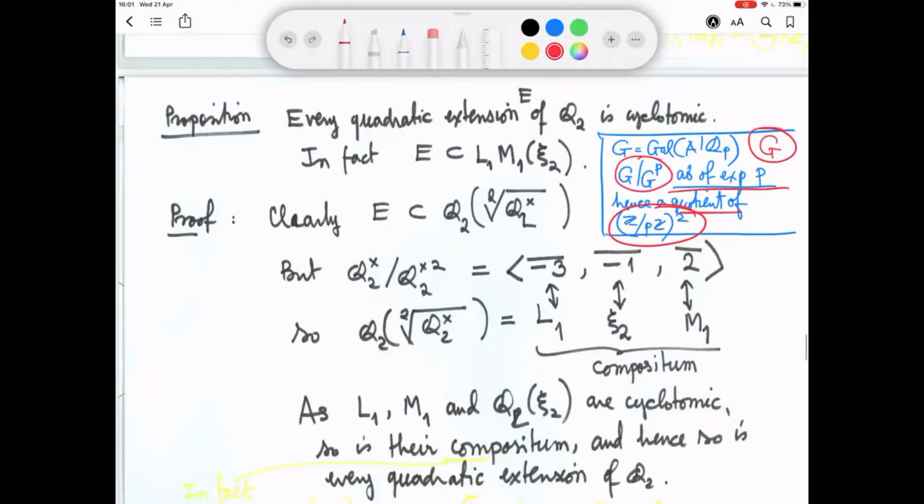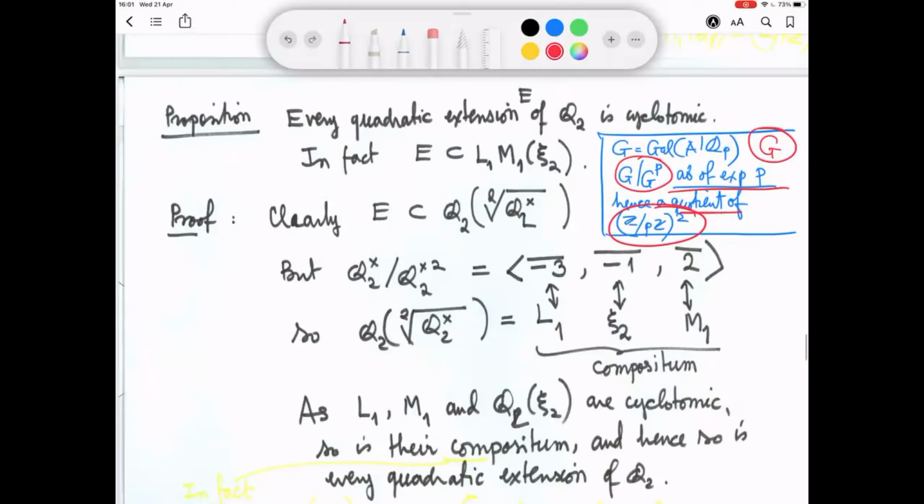It was an exercise earlier, and when you take the composition, you get this thing. Now, each of these three is cyclotomic, so the composition is cyclotomic, and hence every quadratic extension of Q2 is cyclotomic because it's contained in this. Okay.